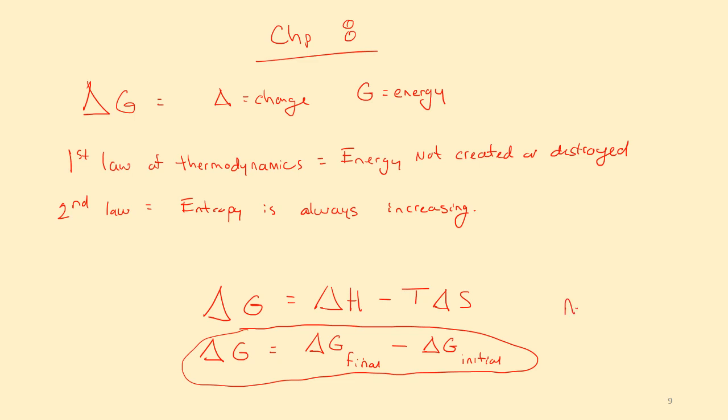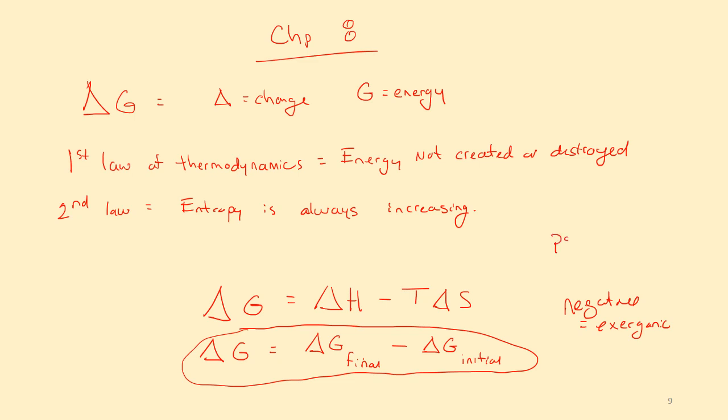So if you get a negative value, we call this, which phrase did we use? Yeah, okay. We said exergonic. Okay, so something less than 0. That's all it's got to be.